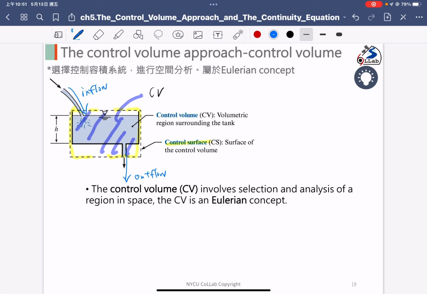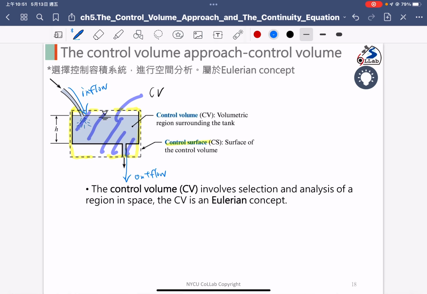Okay, so the significant difference comparing the closed system and the control volume: the most important thing is you just determine whether the boundary can exchange the physical property or not. If it cannot, we call that a closed system. If it can, you can say that's the control volume.